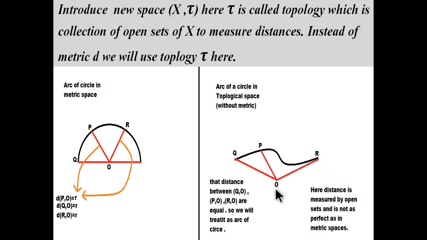Because we measure distance here with open sets, we cannot measure distance as perfectly as in metric spaces. By the open sets, we measure that the distances OQ, OP and OR are equal. Therefore, the arc of a circle in topological space looks like that.